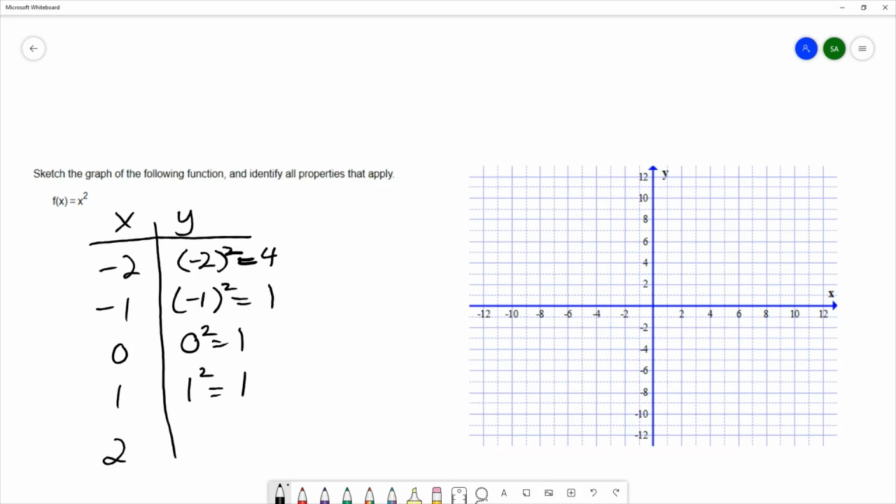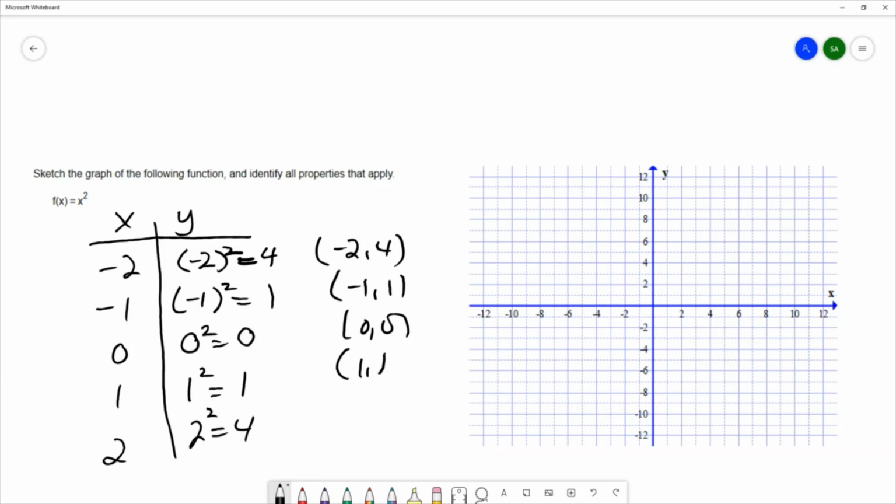Let me back up because 0 squared is not 1. 0 squared is 0. 2 squared is 4. And this gives me a set of ordered pairs that I can plot to sketch my graph out. So we have (-2, 4), (-1, 1), (0, 0), (1, 1), and (2, 4).